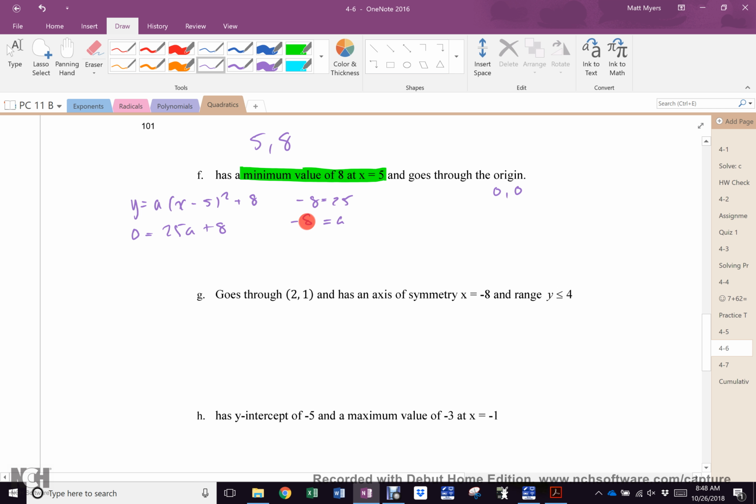A equals negative 8/25. Wait a minute. How can that be? How can a be negative? If it's got a minimum value, how can a be negative?